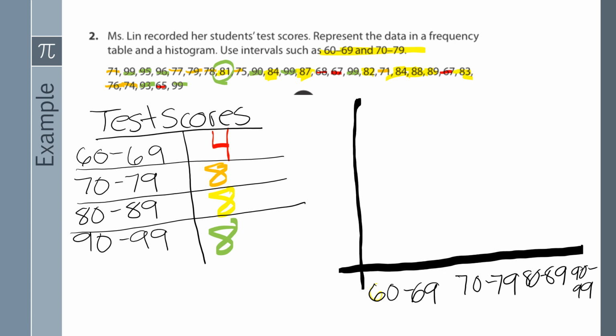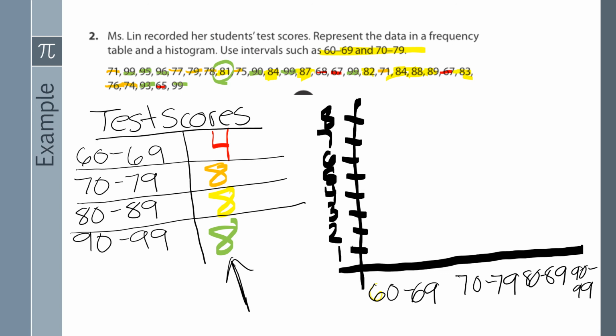And then my highest frequency here is 8, so I only need to go up to 8. So I can do 1, 2, 3, 4, 5, 6, 7, 8. And then you can either label them or you could just leave them. You could label every other one if you wanted to. I'm just going to go ahead and label every single one of them. All right, and then you just go ahead and shade it in.